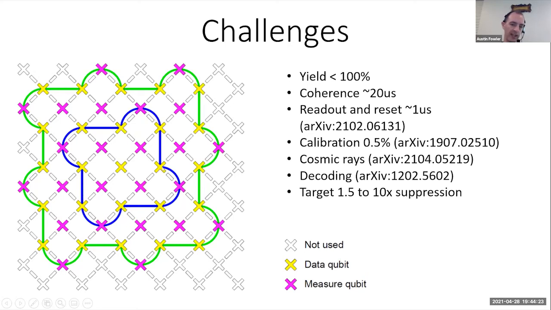This blue outline encompasses the smallest logical qubit. Here we have 17 physical qubits, 9 data qubits and 8 measurement qubits, that collectively form a logical qubit that guarantees that if any single error occurs, isolated in space and time, it can correct it. And then here's a bigger logical qubit, this green outline. This encompasses 49 physical qubits, and it guarantees that if any pair of errors occurs locally in space-time, it will correct it.